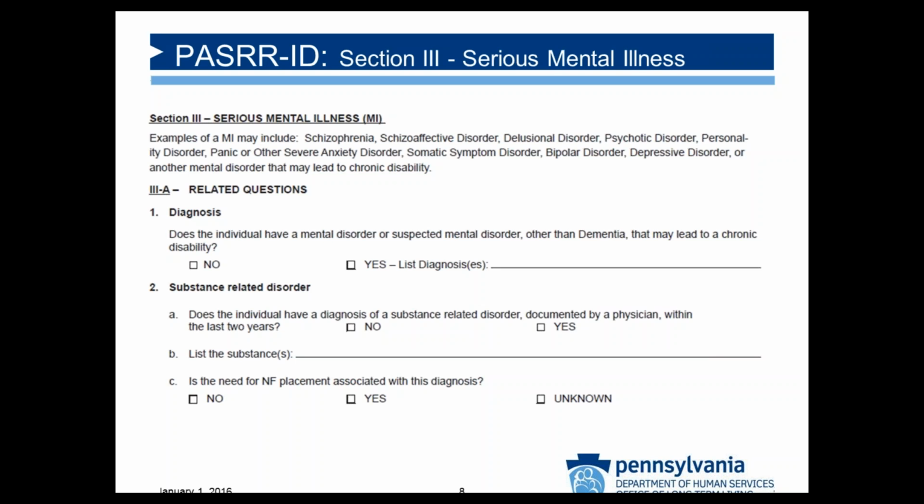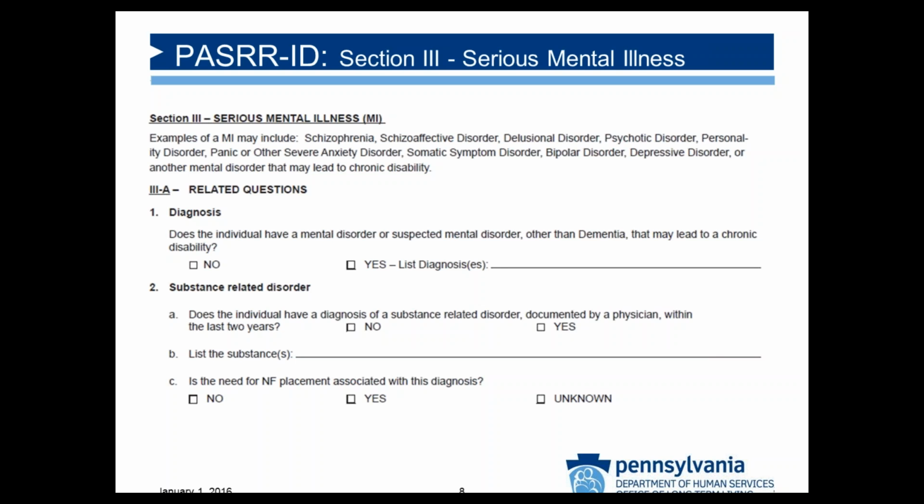It has to be because of the substance-related disorder. So, for example, an individual that has smoked a large part of their life and now has lung cancer, and they need placement because of the lung cancer, that would not mean they have a substance-related disorder that needs nursing facility placement.